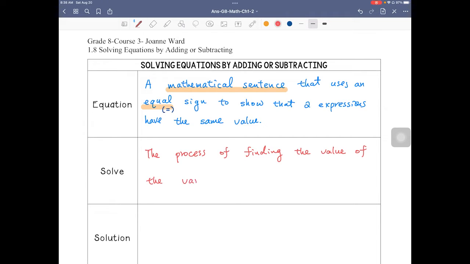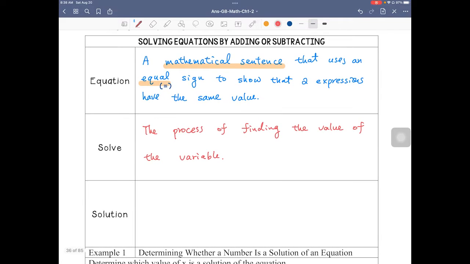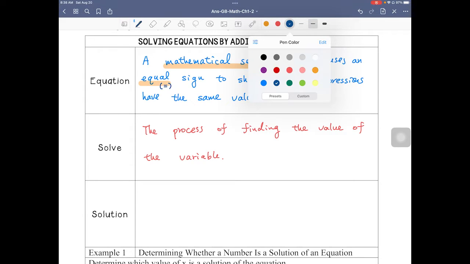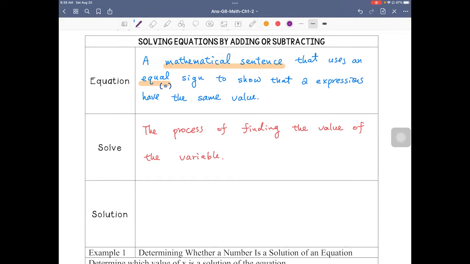Thirdly, what is the solution? The solution is the value of the variable. Once we solve the equation, we get the solution. So the solution is the value of the variable.